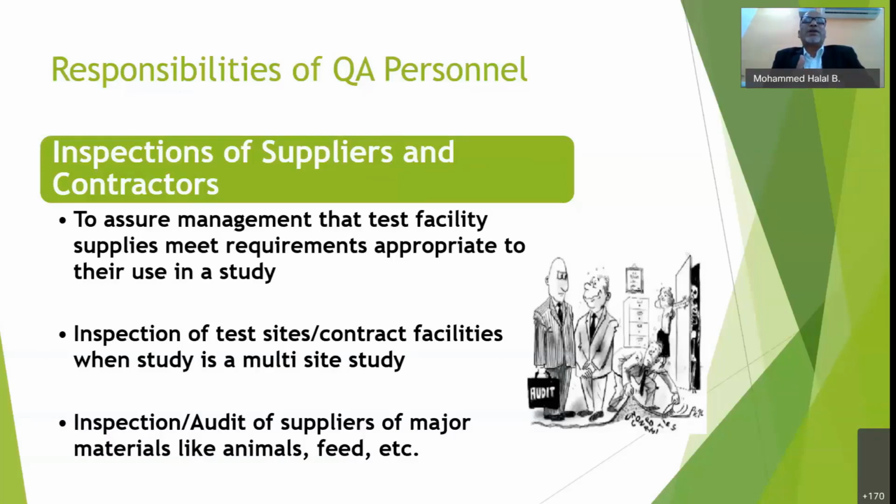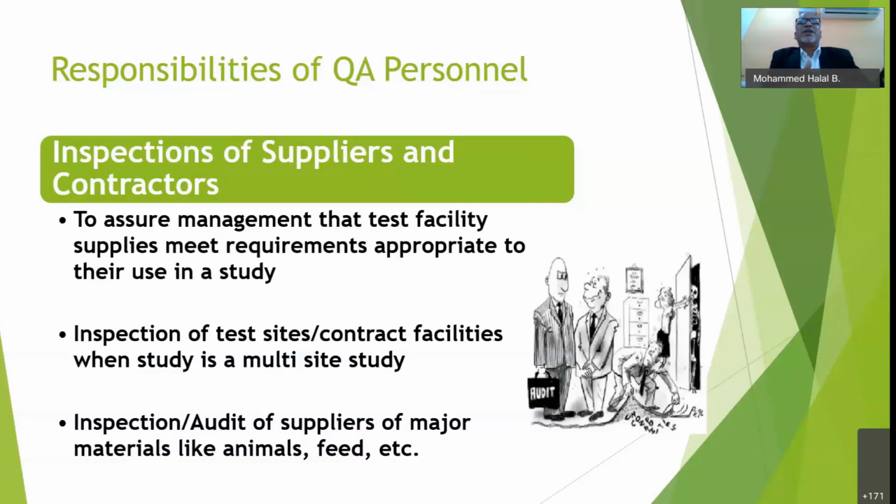When we conduct experiments at different sites, one person cannot monitor whether the study is conducted as per GLP. So the QA team has to be present at the critical phases when they are conducted, meaning different personnel have to be present at the different sites.